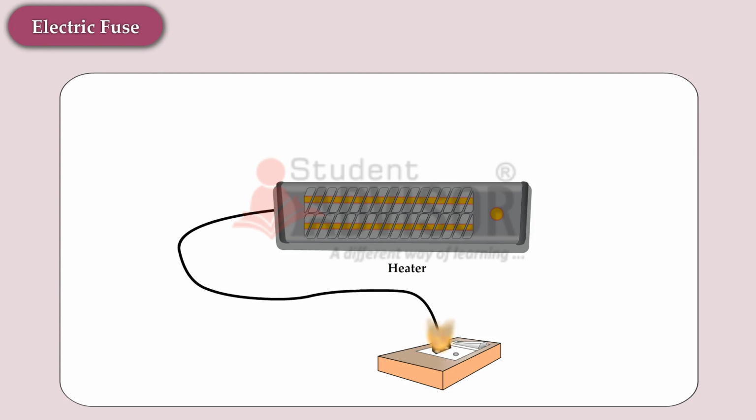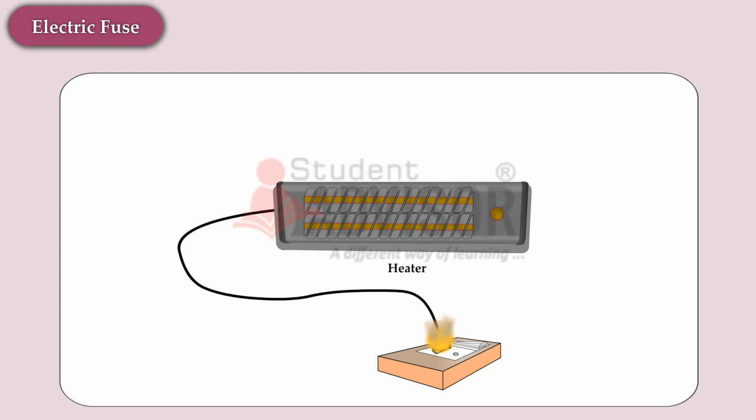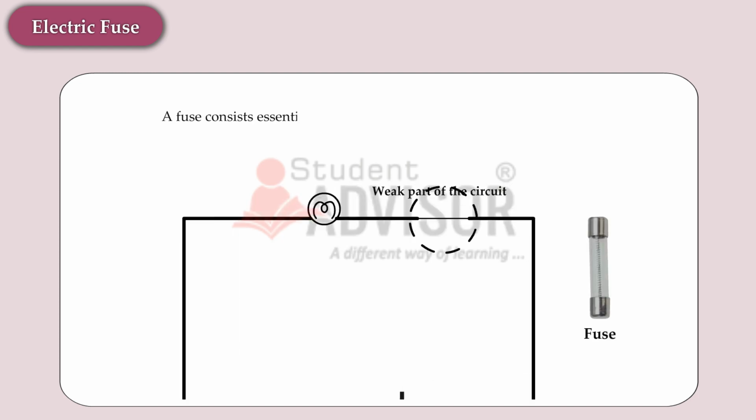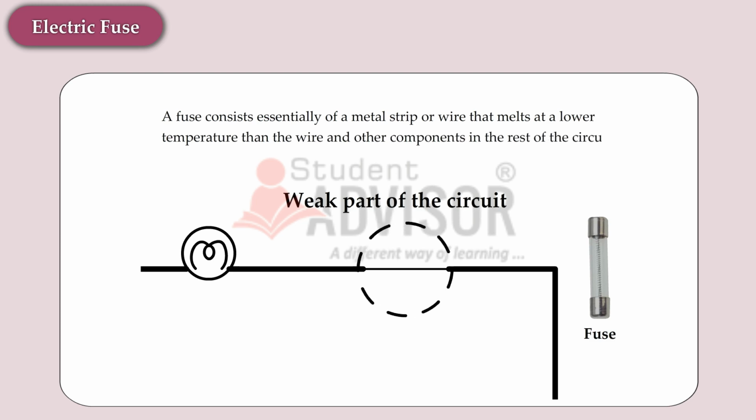Electric fuse. A fuse is a safety device which prevents damages to electrical circuits and possible wires. A fuse consists essentially of a metal strip or wire that melts at a lower temperature than the wire and other components in the rest of the circuit.